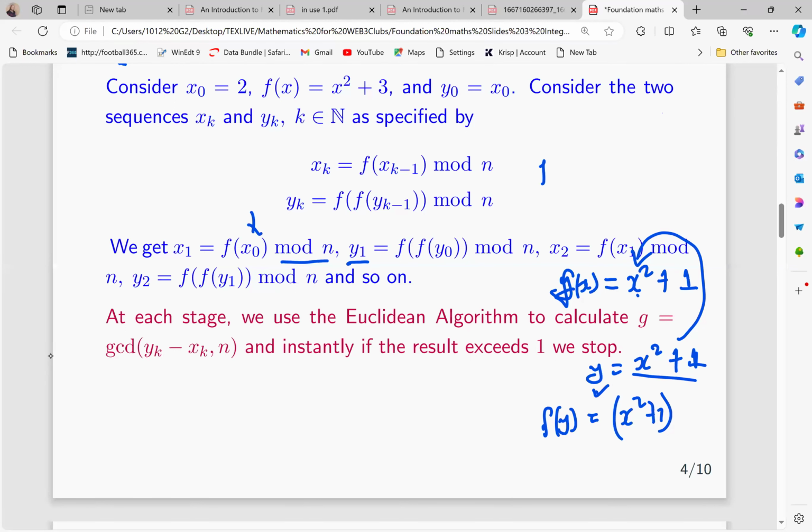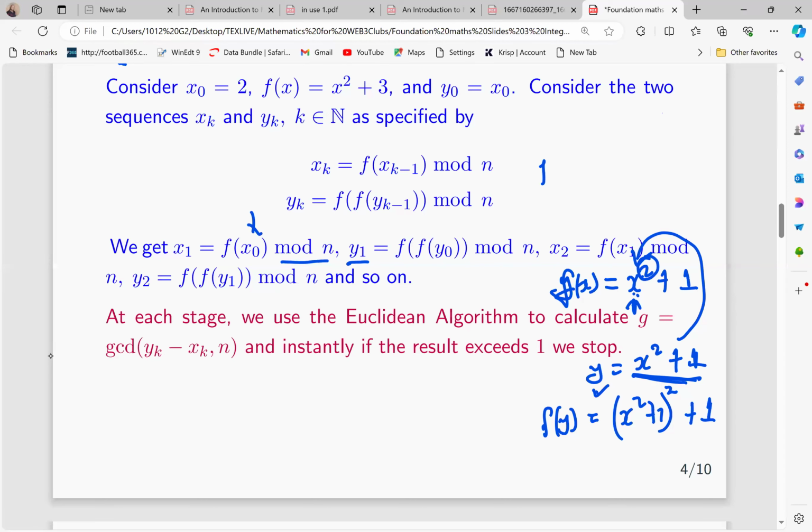Where there is x here, I put y. But now I square, then I add 1. This is how we'll be getting the values of y.